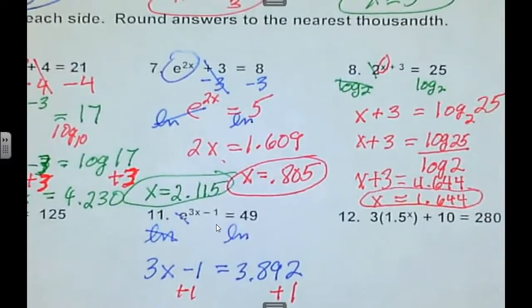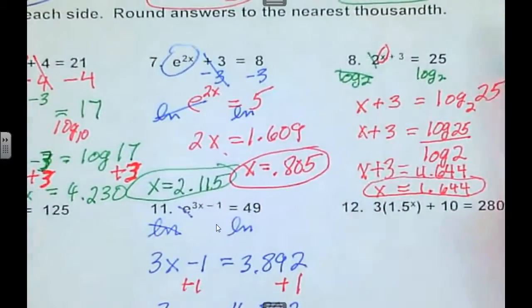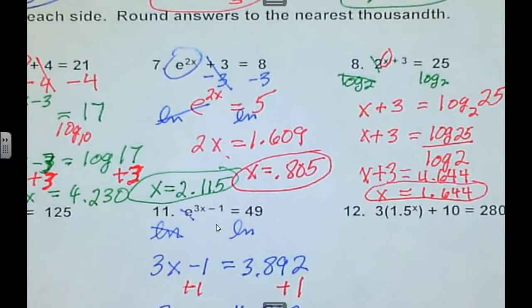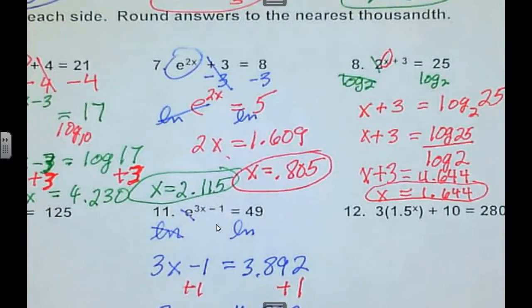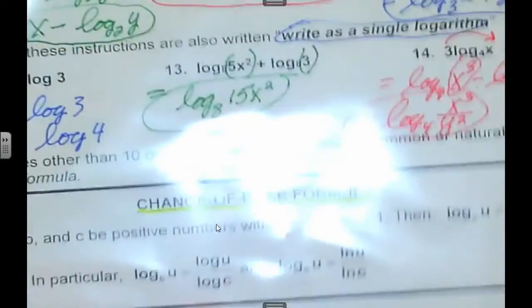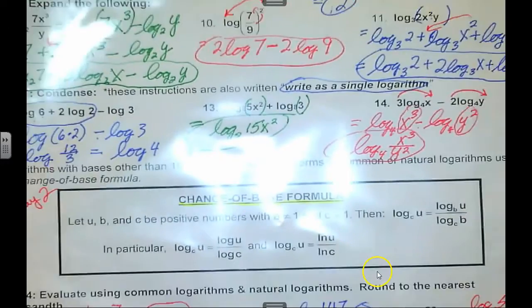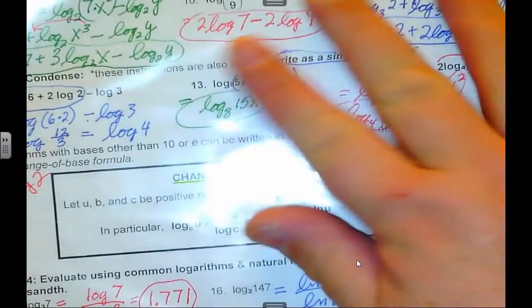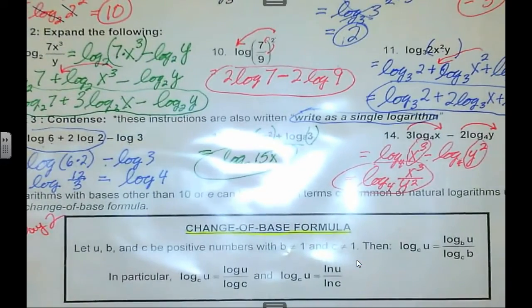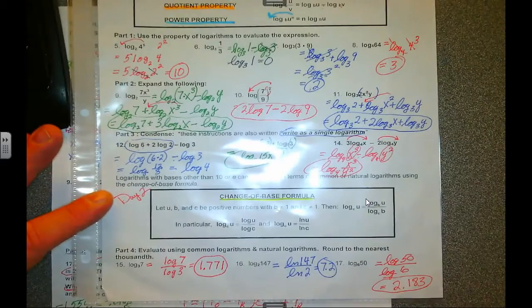So when you have to evaluate and it says round the answers to the nearest thousandths or whatever, chances are you're going to have to use change of base formula. Change of base formula, like on your notes. Okay. This is on your note sheet. 7.4.